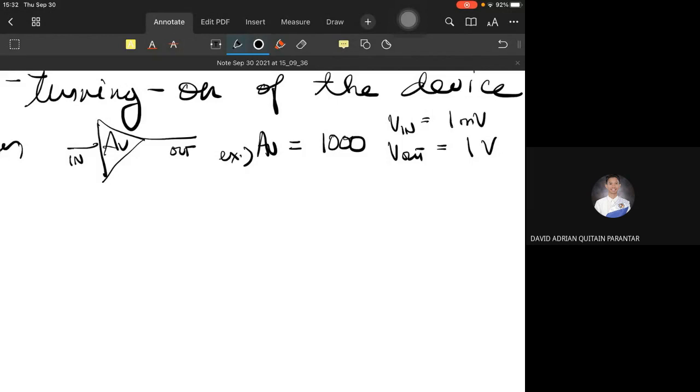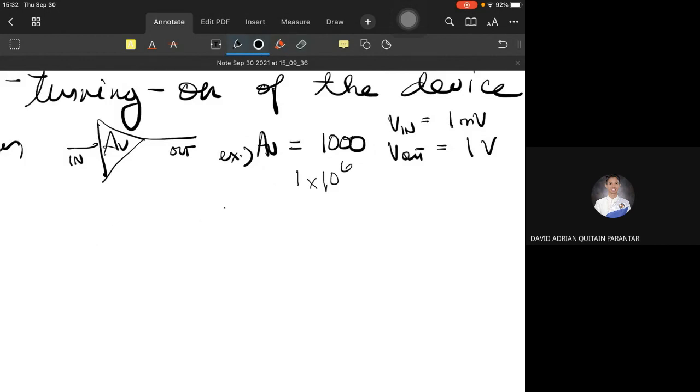How does the amplifier give a gain of 1,000 or 5,000 or even 1 million? It's very possible to have an amplifier with a gain of 1 million, that's 10 to the power of 6. If our input is 1 microvolt and the gain is 1 million, the output is 1 volt, which is observable.